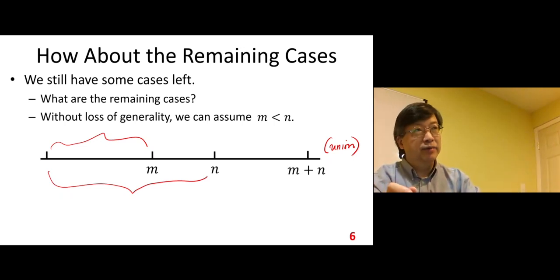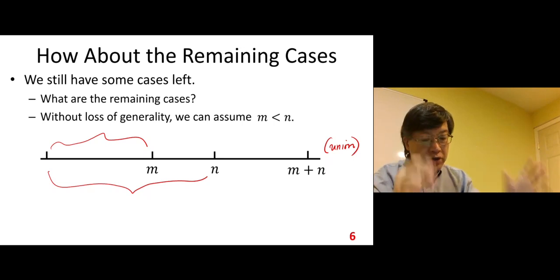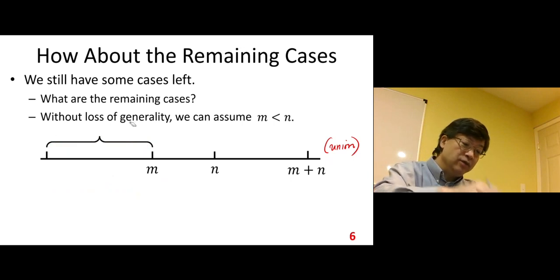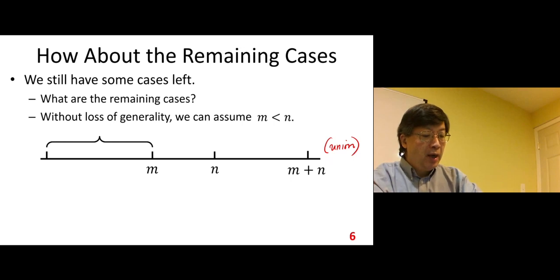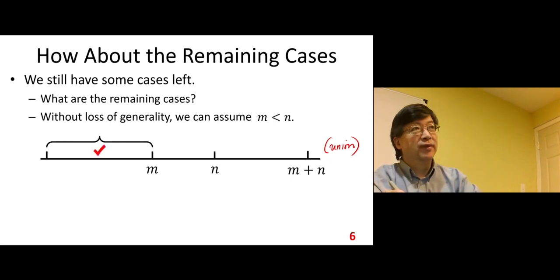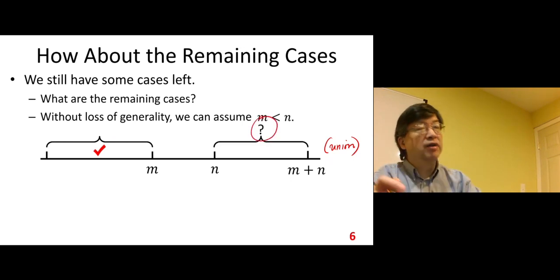We imagine after these two arrays are merged, we get m plus n elements. But we do not do the merge, we just imagine it that way. When k is in this part, we solve it. Next, we want to consider k in this part, because it's possible.